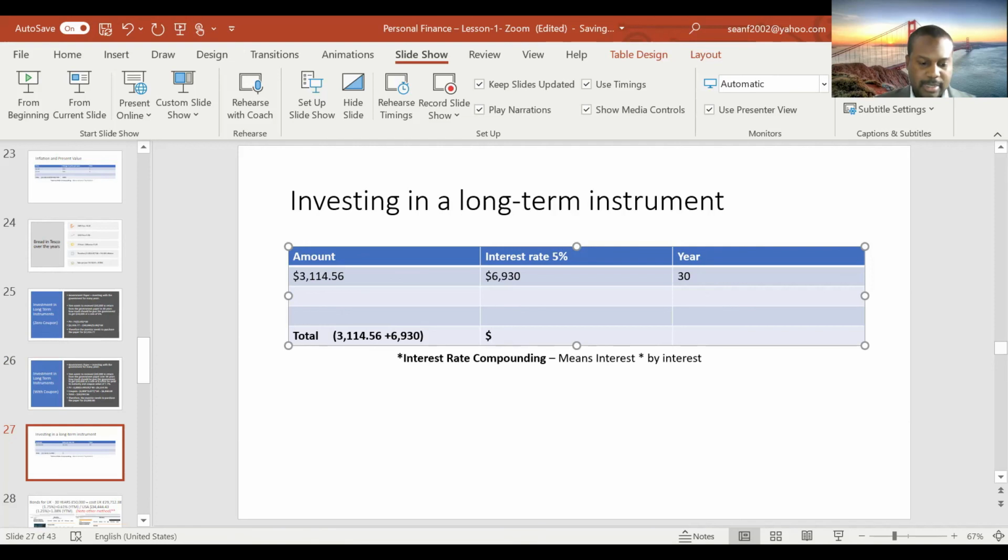And we said that this is, let's go back to 3,000. $6,009.